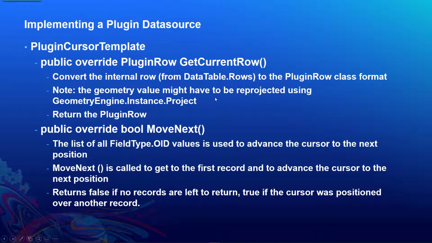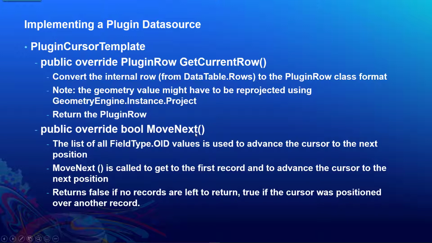As a side note here, the geometry value might have to be reprojected using the geometry engine instance.project because Pro will query your row, and that's specified in the query filter, in a spatial reference that might be different from your native reference. And then once we have the plugin row collected, we return the plugin row from get current row.